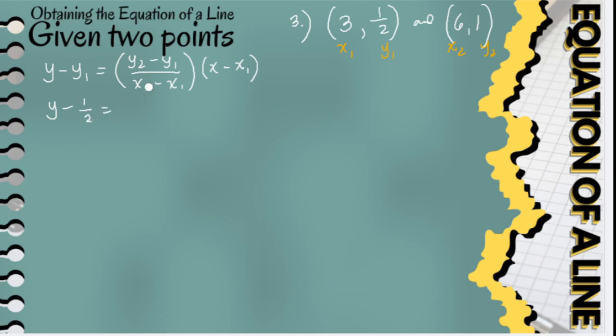Okay, is equal to y sub 2 is 1 minus y sub 1 is 1 half over x sub 2 is 6 minus x sub 1 is 3. Then x minus x sub 1 is 3. Okay. So, hayaan muna natin yung 1 half dito. So, y minus 1 half.